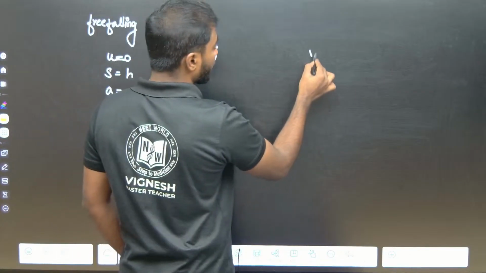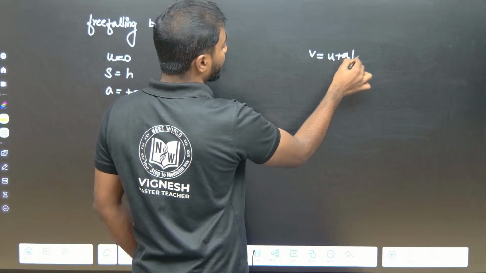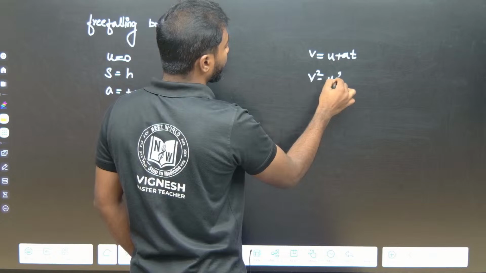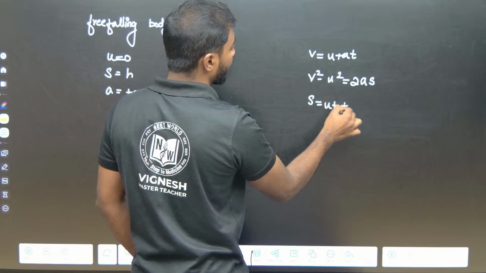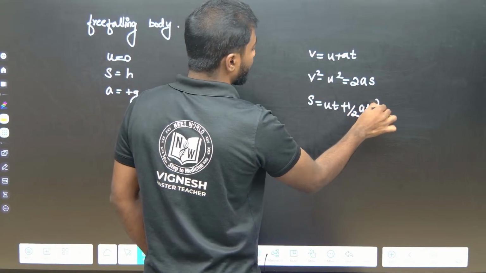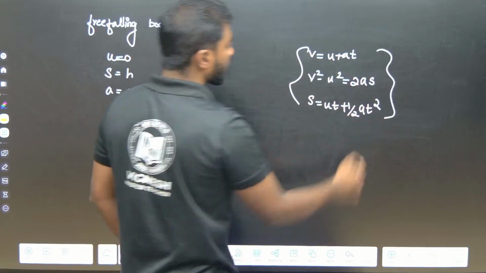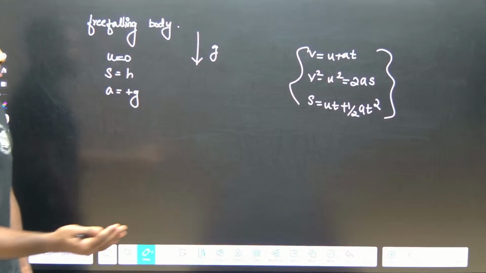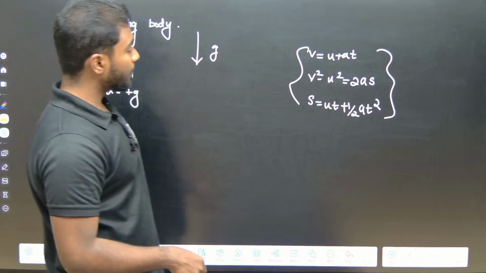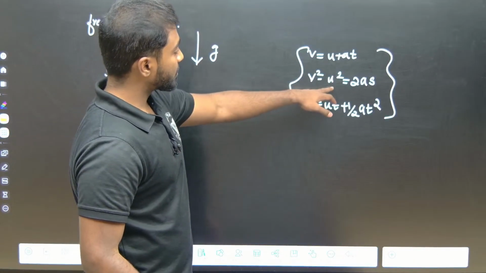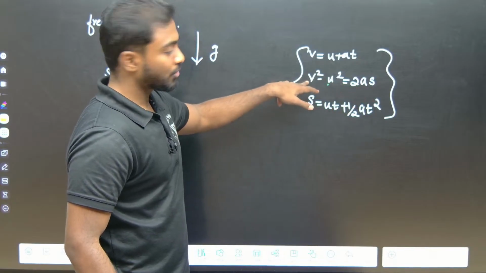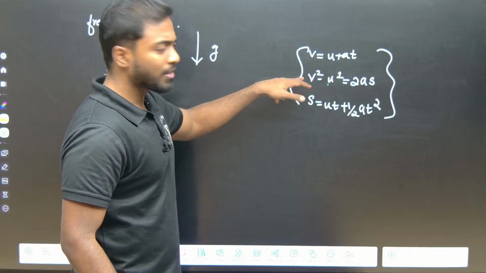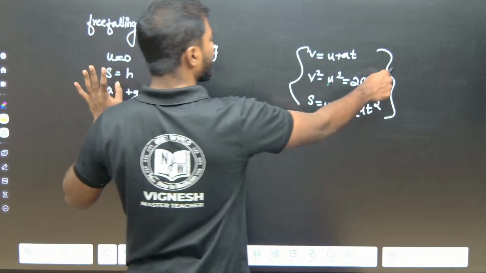So v is equal to u plus at, v square minus u square is equal to 2as, s is equal to ut plus half at square. In these 3 equations, which equation can I use to get the time? If I see this equation, s is there, a is there, u is there, v is not there, I can use it to find v. In this case I can neglect this.